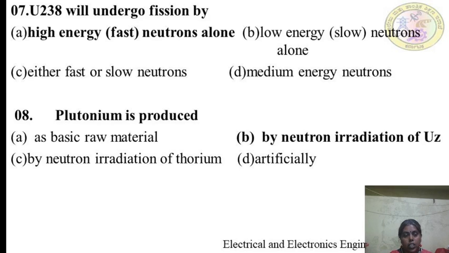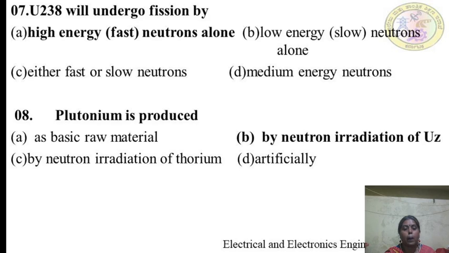The correct answer is A, high energy fast neutrons alone. So uranium-238 will undergo fission by high energy fast neutrons alone. Usually the neutrons liberated during the fission are fast.